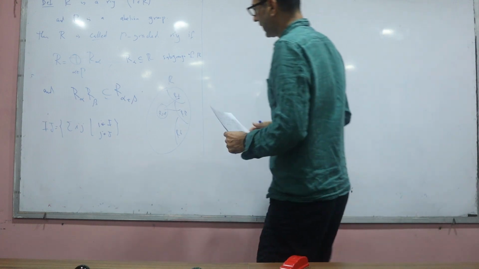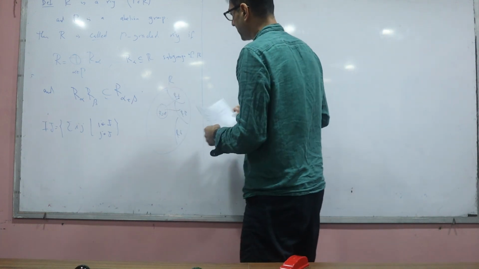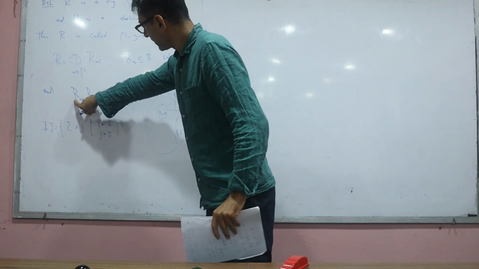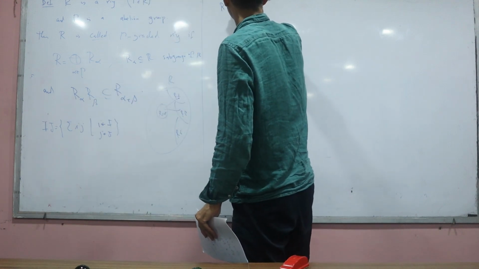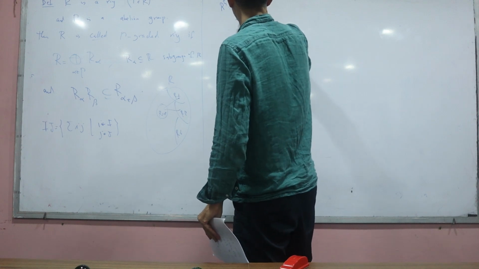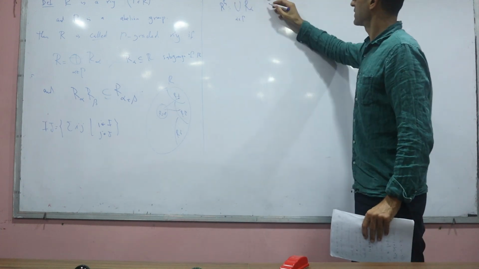Then I'm interested in these elements, the elements that you can just write as having a degree. So this is the notation I use. Homogeneous elements.